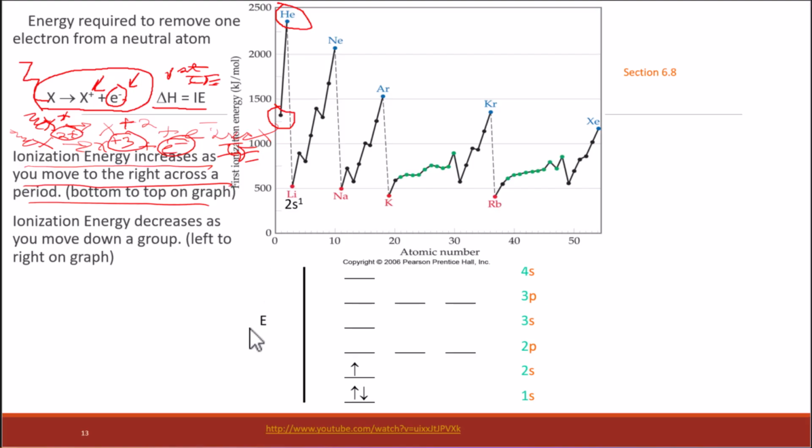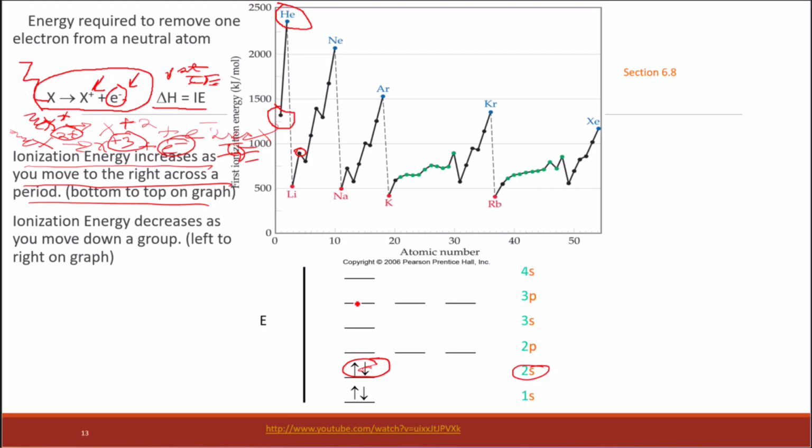Let's go ahead, jump up to beryllium. And for beryllium, it's a little bit different because beryllium has a filled subshell, a 2s subshell that is filled. This is also relatively stable, and so it's a little harder to remove that electron from this filled 2s subshell.